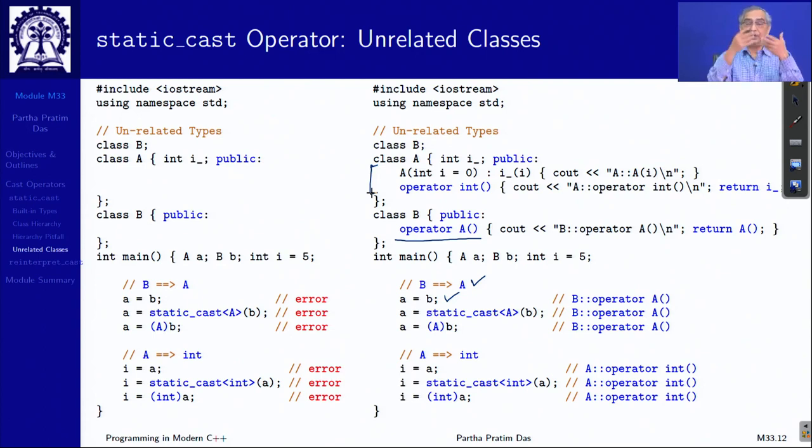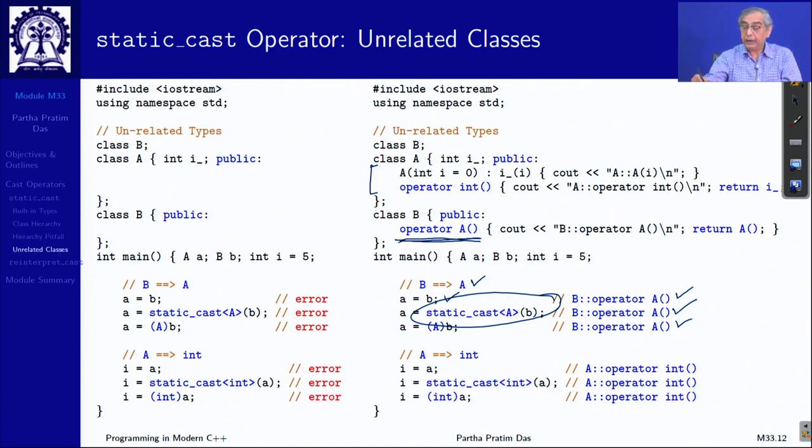The first one, the constructor path, is based on the source type, this is based on the target type. So, given B, it has given a user defined operator for the target type A. So, the types match and it will invoke that operator. Implicitly it will happen, by static cast it will happen, by C style casting it will happen. We will again always recommend that you use the static cast.